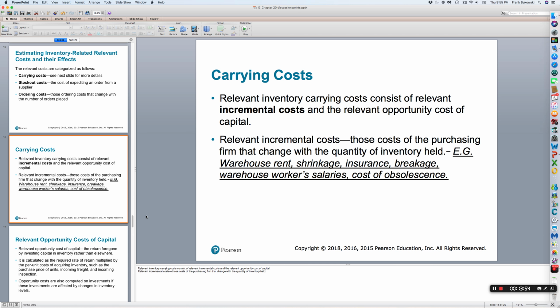And then we also have to pay worker salaries, and we would also be stuck with the cost of obsolescence. This is where we have inventory that we can't sell because it's obsolete. So if we had a warehouse full of, let's say, really old computers, we're pretty much stuck with them. No one's going to buy them because they're obsolete. Everybody wants the new top of the line computer or something that's more recent.